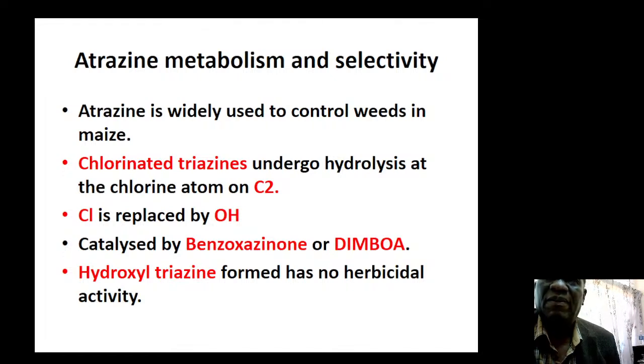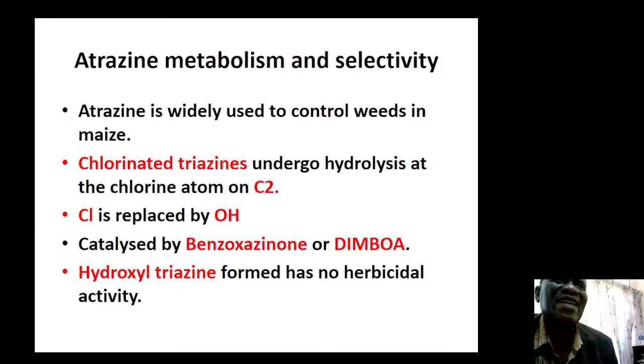Okay, so earlier on we talked about atrazine metabolism and selectivity, where we have the chlorinated triazines, where we have the chlorine atom, which is now replaced by an OH.